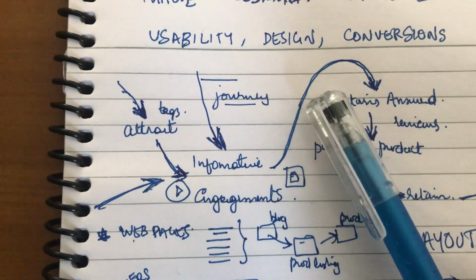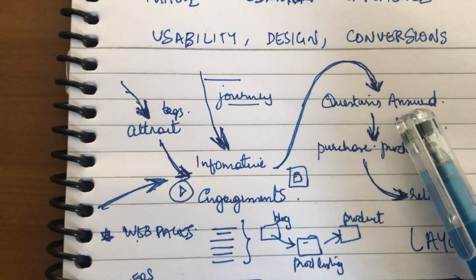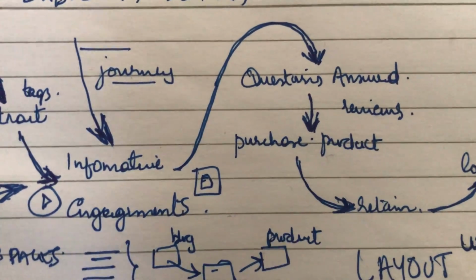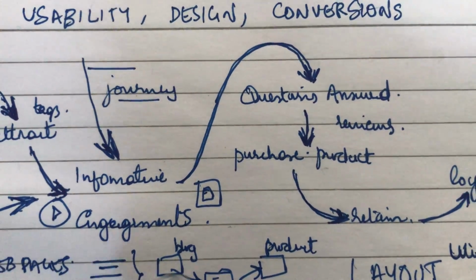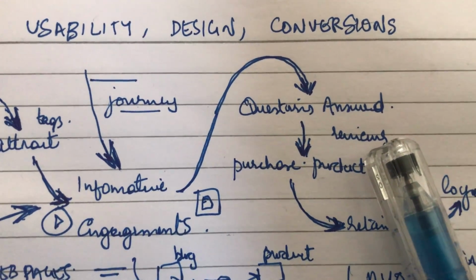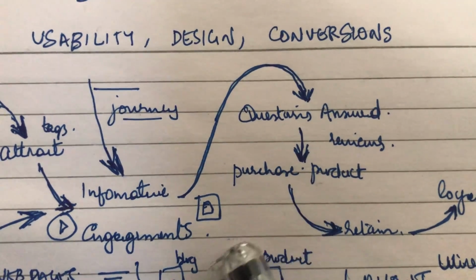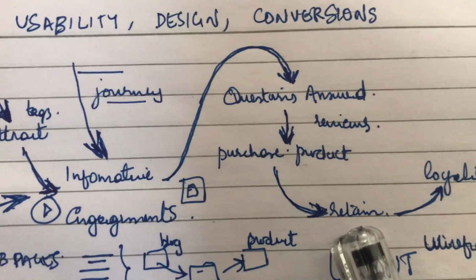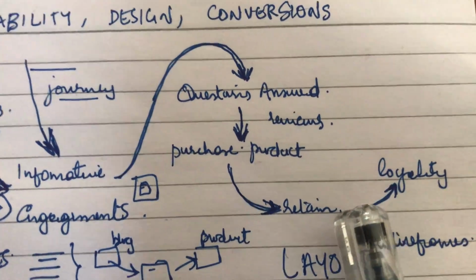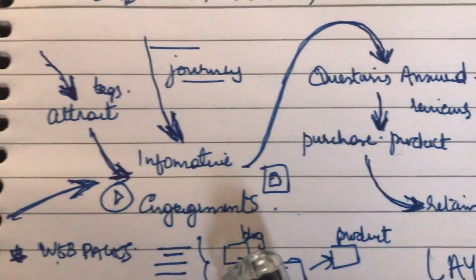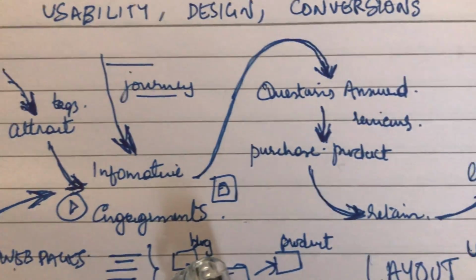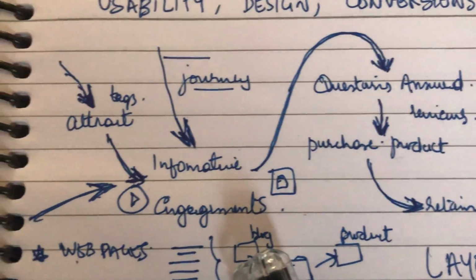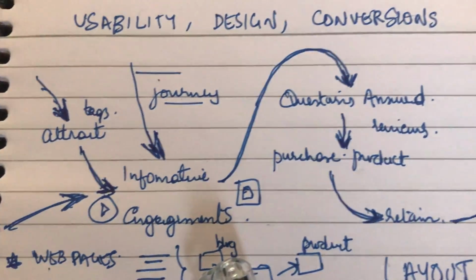There may be questions that need to be answered for your targeted audience, and they must see the reviews. At one stage they will purchase your product, you must retain them, you must follow the loyalty program. So defining a flow for every business is the key thing that you need to do first.